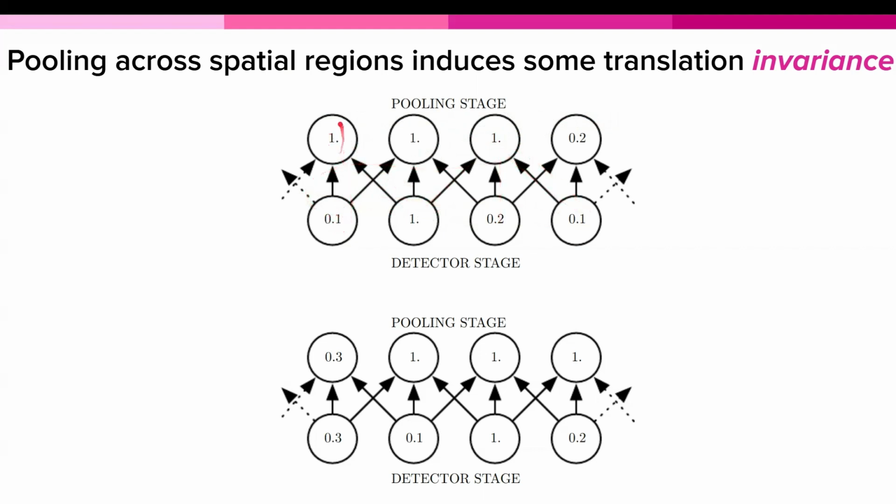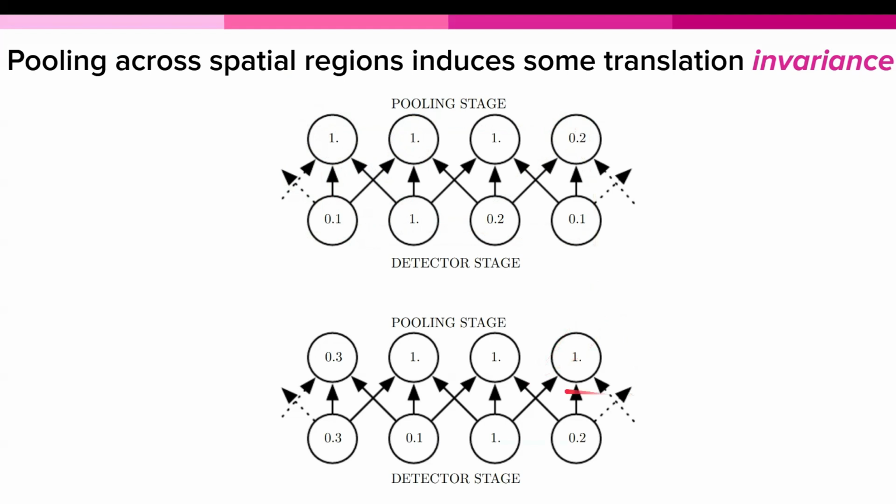For example, if the detector stage outputs 0.1, 1, 0.2, and 0.1, then this pooling unit monitoring this region would output just 1. Similarly, the output of this max pooling would be 1 and 1 again, and then at the rightmost pixel, it would be just 0.2.